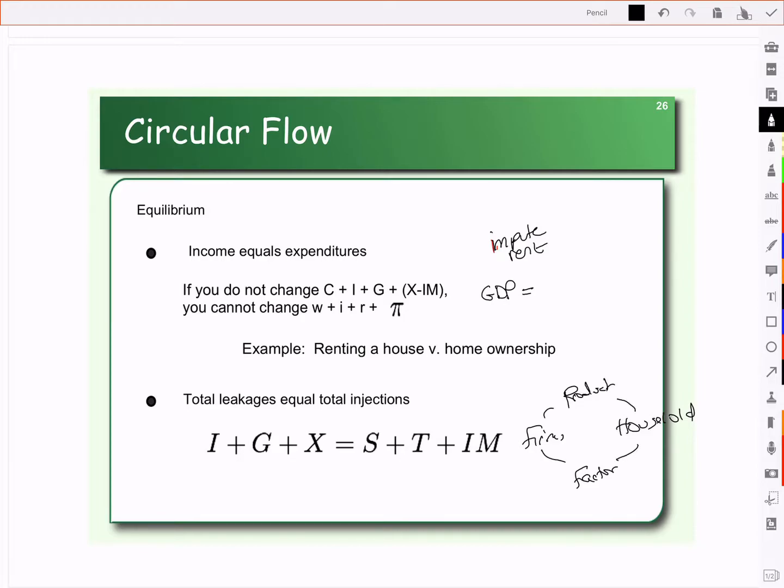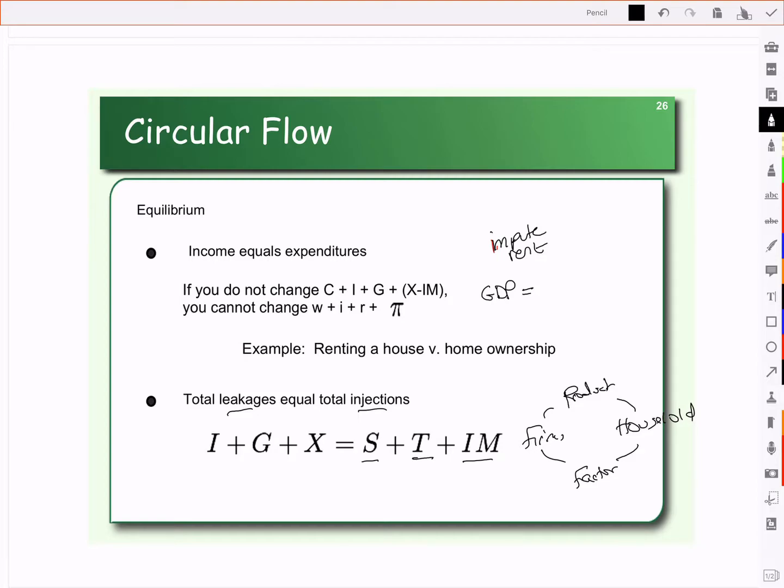And then we talked about our leakages and our injections. So remember, the leakages are anything that is not going directly from the household to the firm. In this case, money takes a detour. So leakages would be your savings, net taxes, and imports. This is where money leaves the household but doesn't go directly to the business.